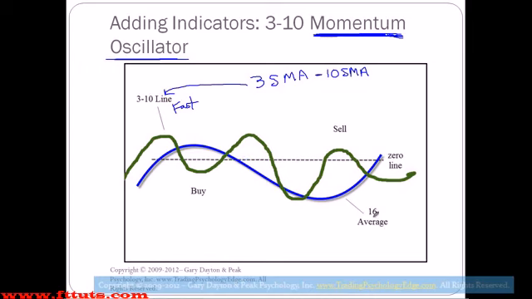The 16 average, or some people call this the trend line, which is not a bad way to conceptualize it. This is constructed by summing the last 16 310 values and dividing them by 16.